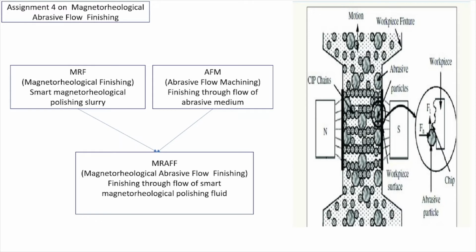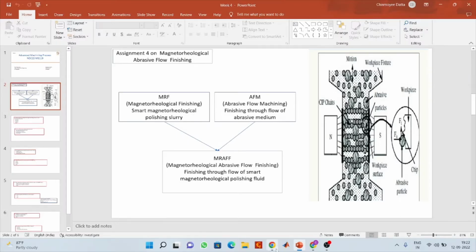That bonding strength affects the shearing out of the material. In this way, the magnetic field strength controls the extent of abrasion of peaks by the abrasive particles.